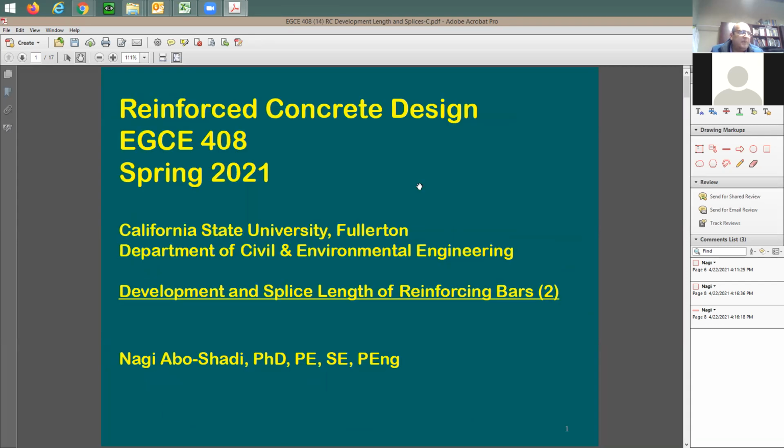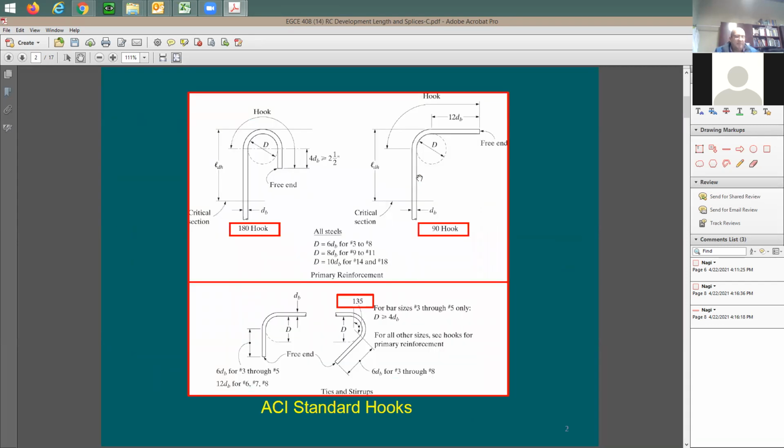I'm going to go here and start from the beginning. We have 3 types of hooks. We have the standard 90-degree hook, the standard 180-degree hook, and then the 135-degree hook. The difference between these hooks when it comes to performance is small; they are close to each other.